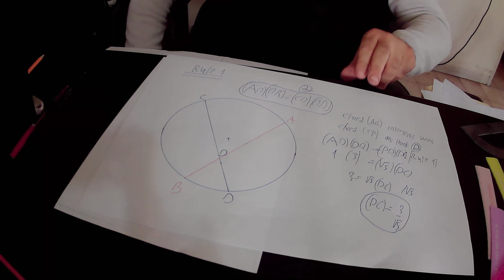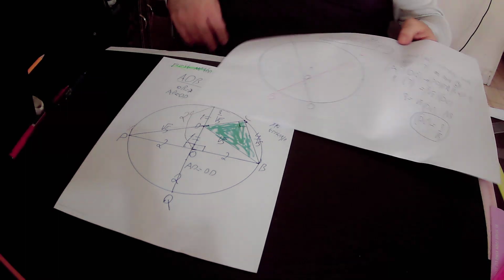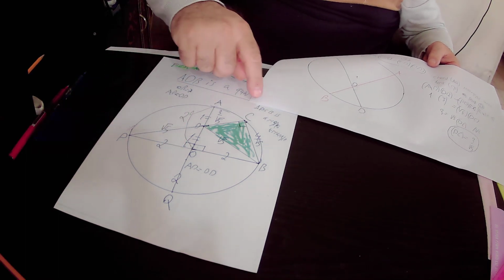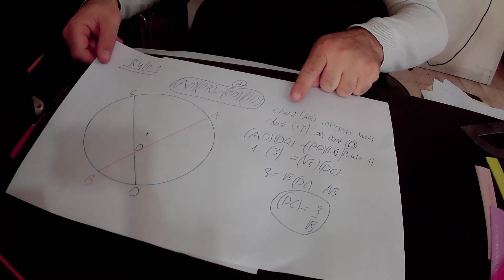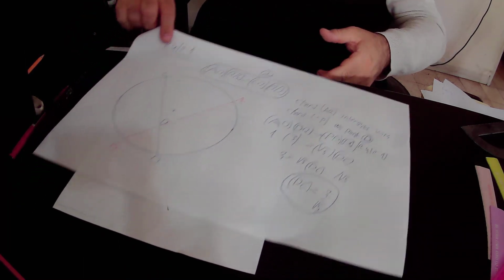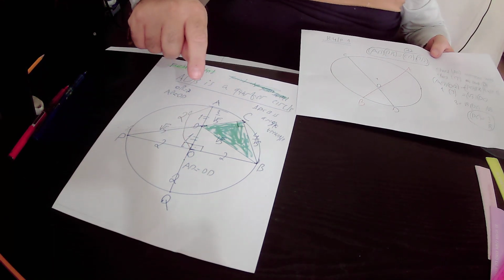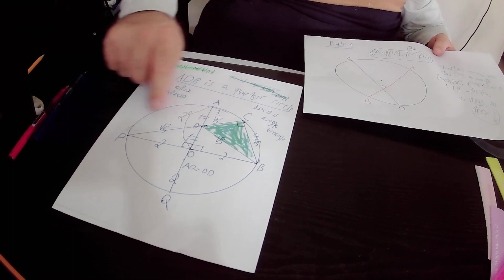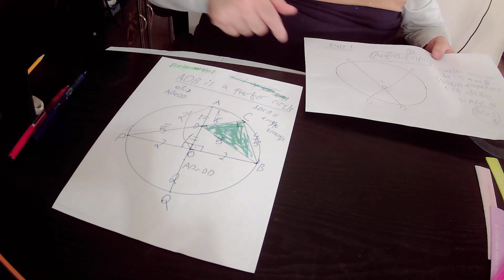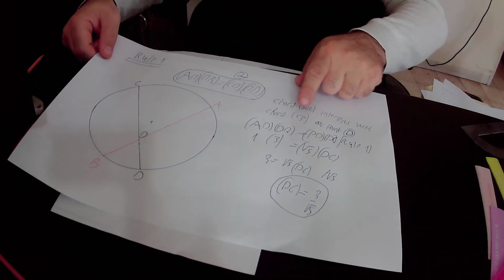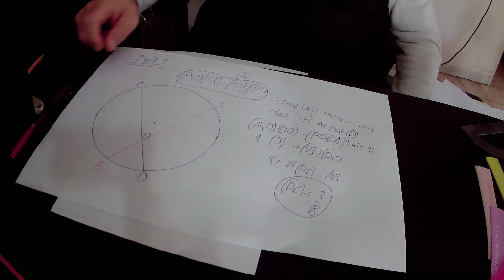We can implement rule number 1 in our drawing, because we have chord AQ that intersects with chord CP at point D. Therefore, according to rule number 1, AD times DQ equals CD times DP, that is, AD times DQ equals PD times DC. AD is 1.